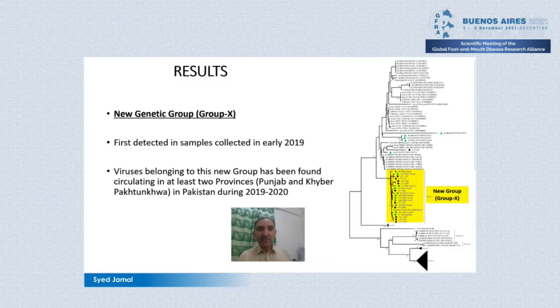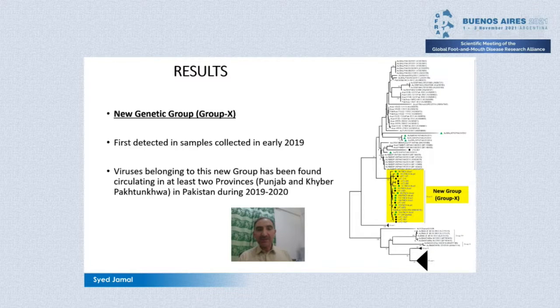The second genetic group, which has been detected recently and which is a new genetic group, designated as group 10, was first detected in samples collected in Pakistan in early 2019.